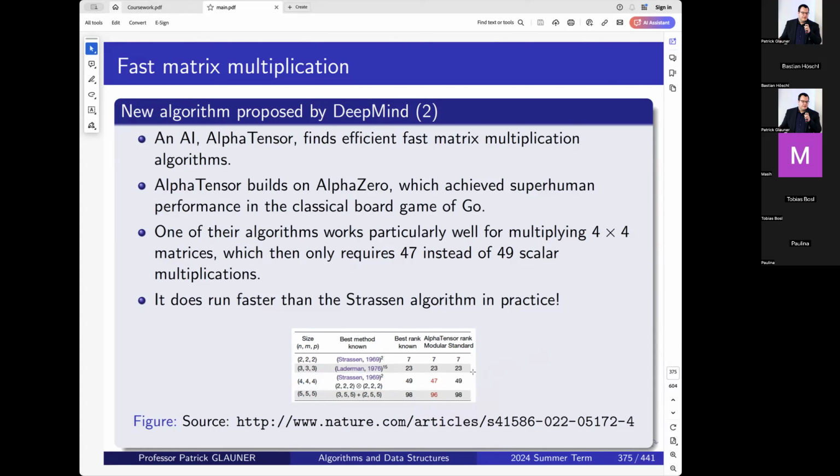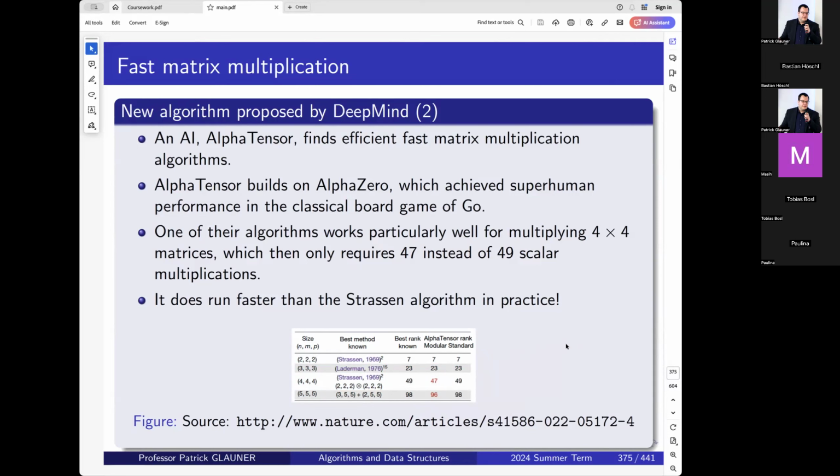And this new algorithm proposed by DeepMind, which was found by AlphaTensor, for such 4 times 4 matrices only needs 47 multiplications, not 49. And for the 2 times 2 matrices, it didn't find anything better.